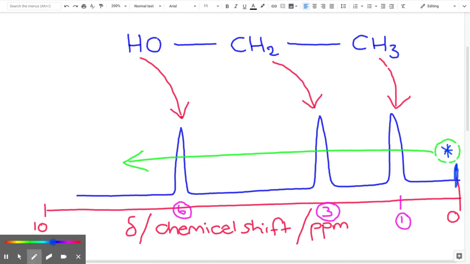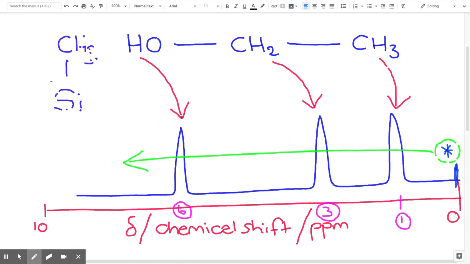The sample is an organic molecule. It's based around silicon, and it's got the name tetramethylsilane, and it's got a silicon atom in the middle, and it is surrounded then by 4 CH3s.